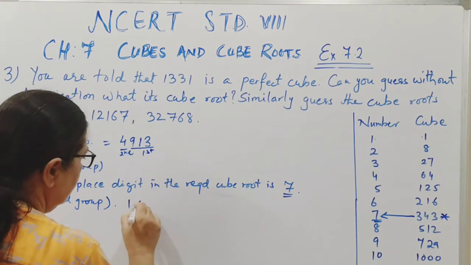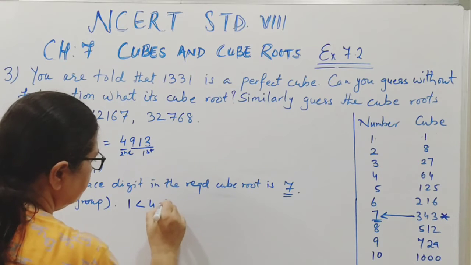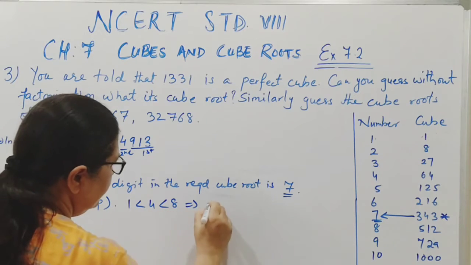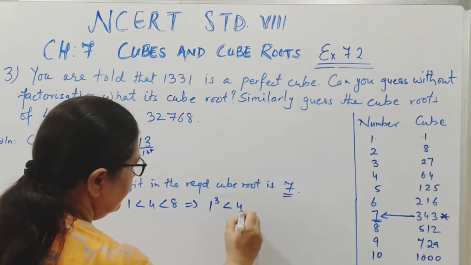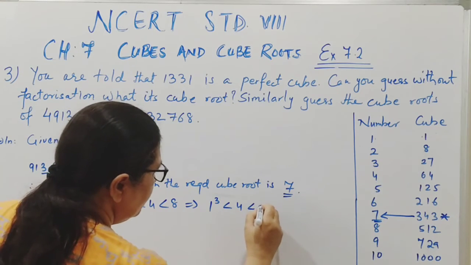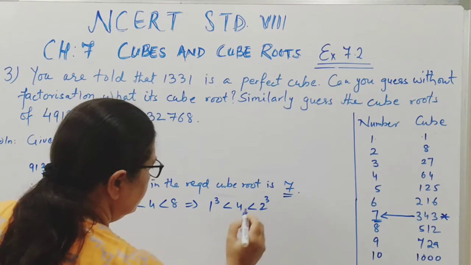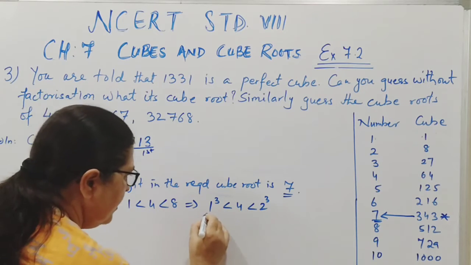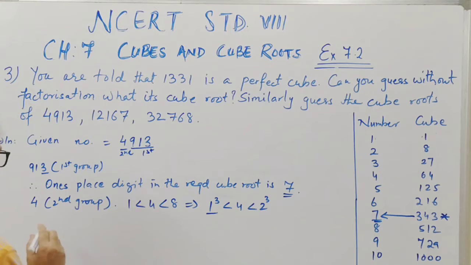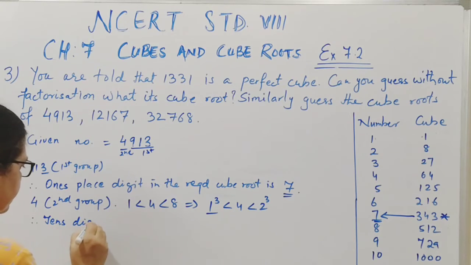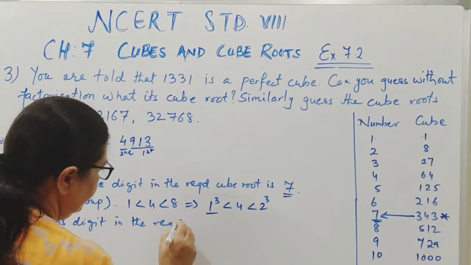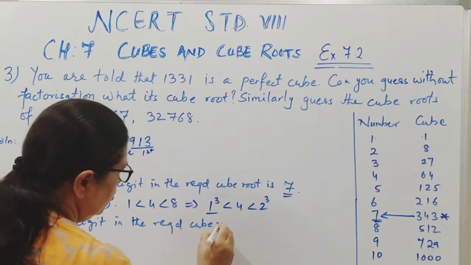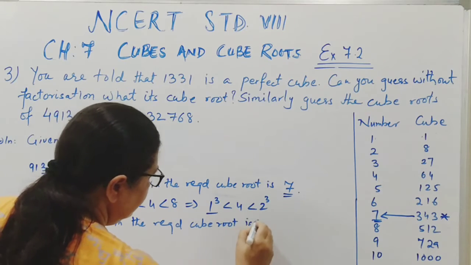Therefore, cube of 1 is less than 4 and cube of 2 is greater than 4. So here we will take the smaller number. Therefore, tens digit in the required cube root is 1.